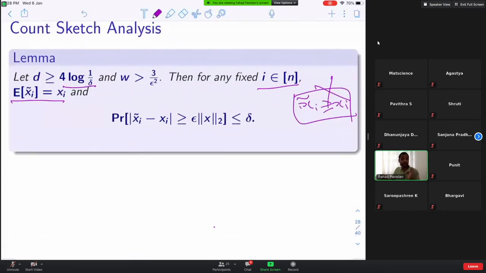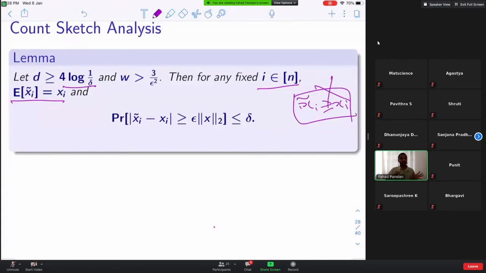Now, this is what we want to prove. The statement is very identical to what we proved in the case of count min sketch. There, the expected value of xi tilde was not equal to xi; it was upper bounded by xi plus epsilon times the L1 norm of x.